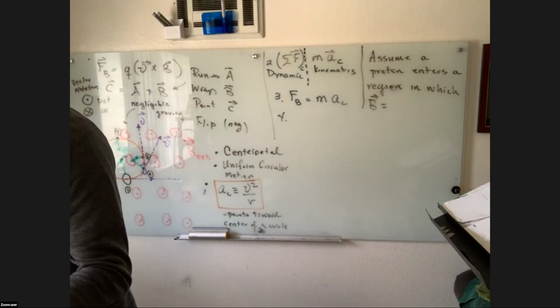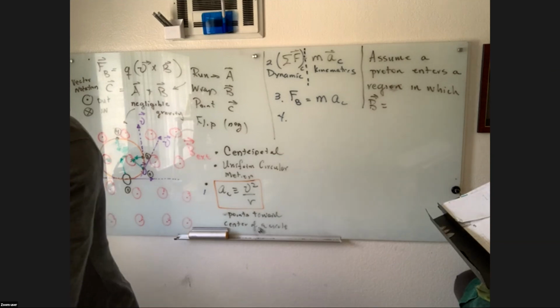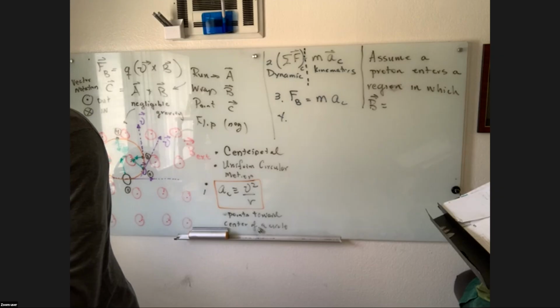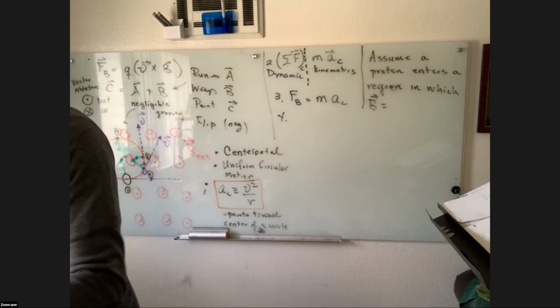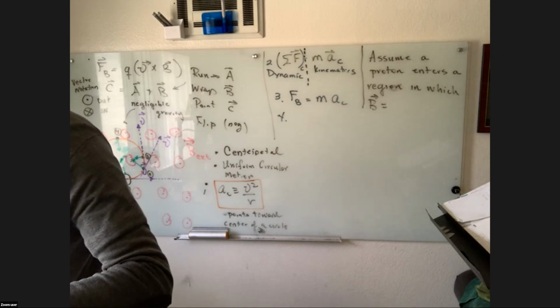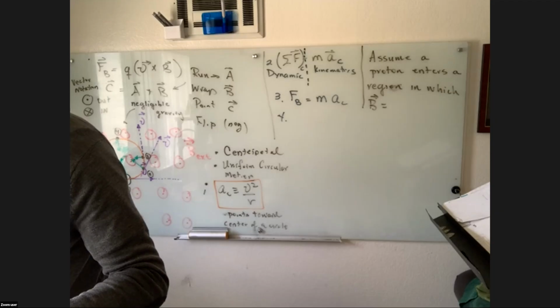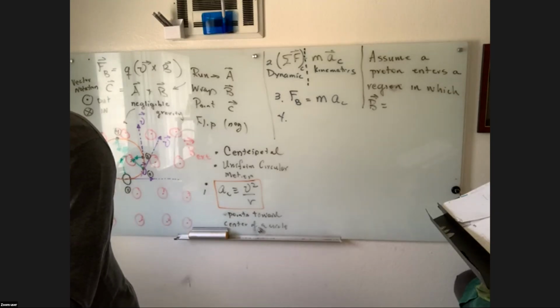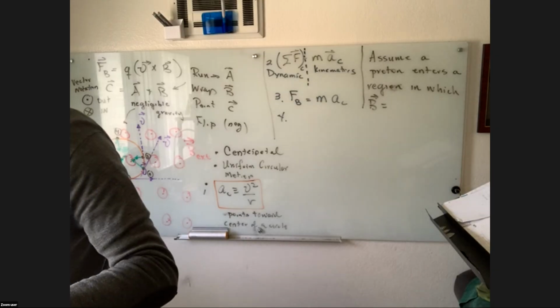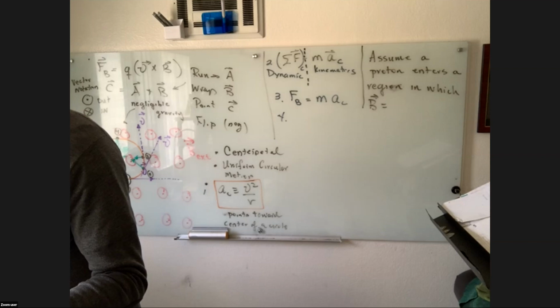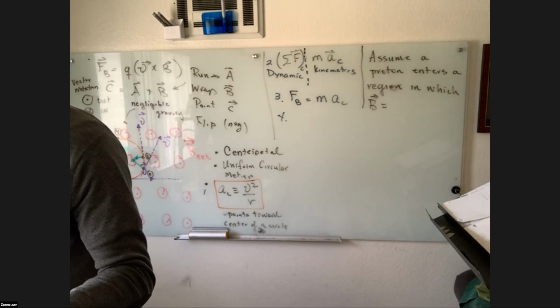So we want to go with a B field of how many Tesla? Making this up, so sorry. But I wanted to be realistic, so bear with me.